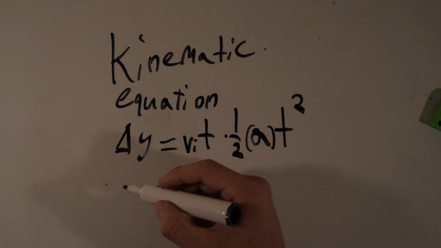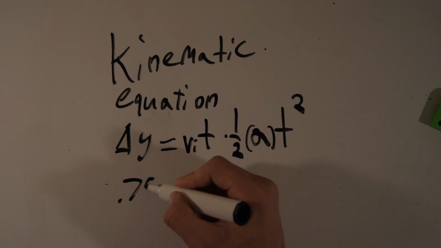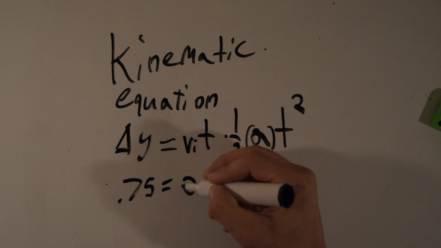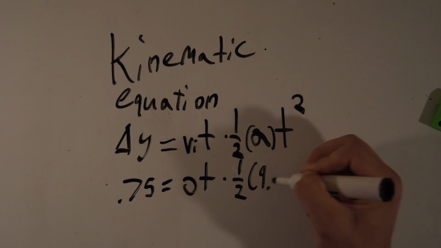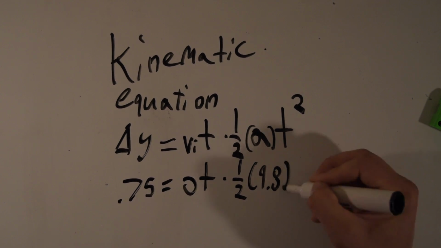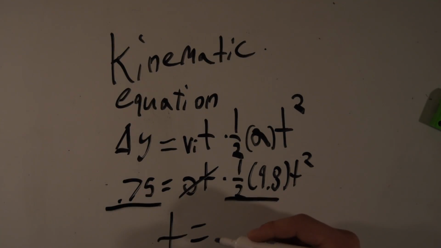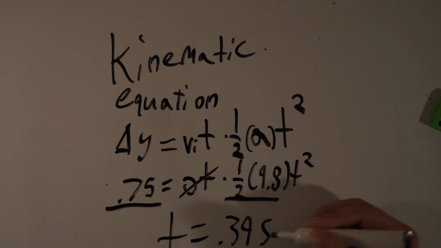Now we can plug in our variables and get 0.75 equals 0 times time plus 1/2 times 9.8 times time squared. This makes time equal 0.39 seconds.